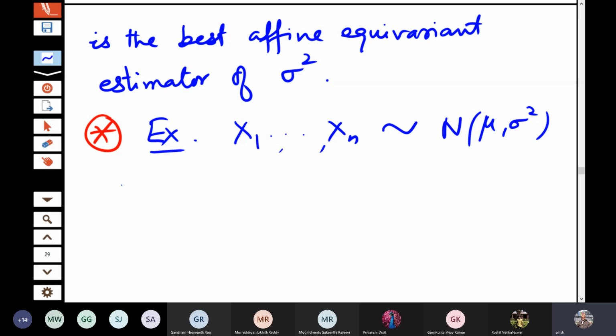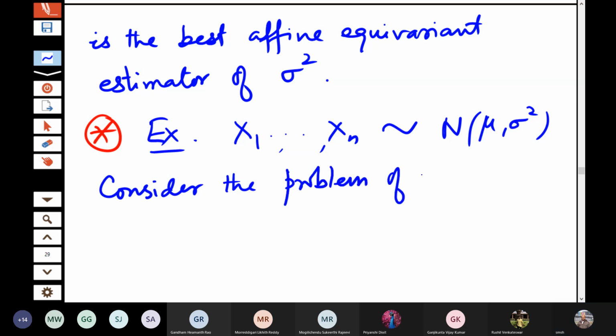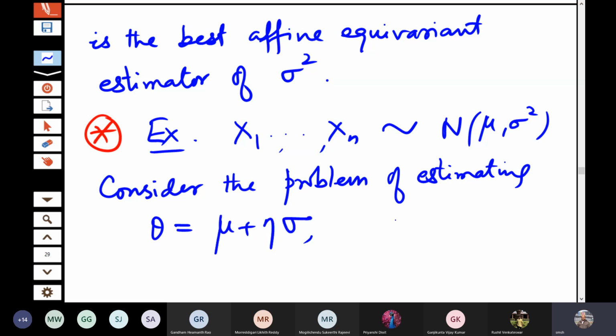So consider the problem of estimating, let me give it a new name, theta equal to mu plus eta sigma, where eta is actually phi inverse p.